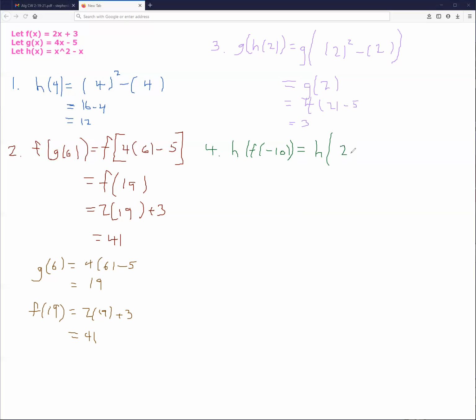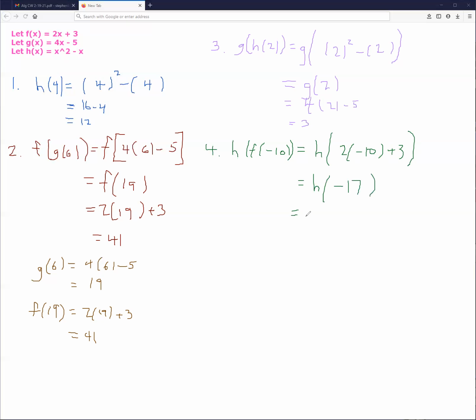It's 2 times stuff plus 3. 2 times -10, which is -20, plus 3 is -17.